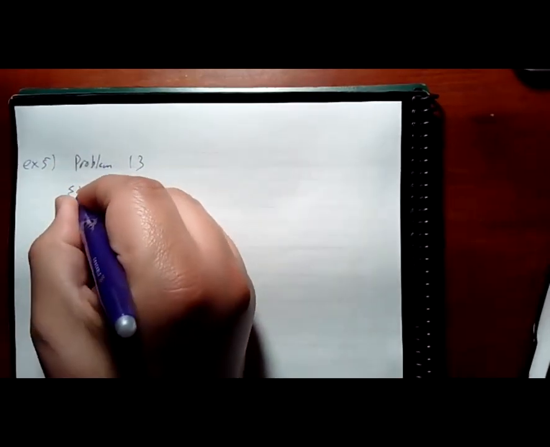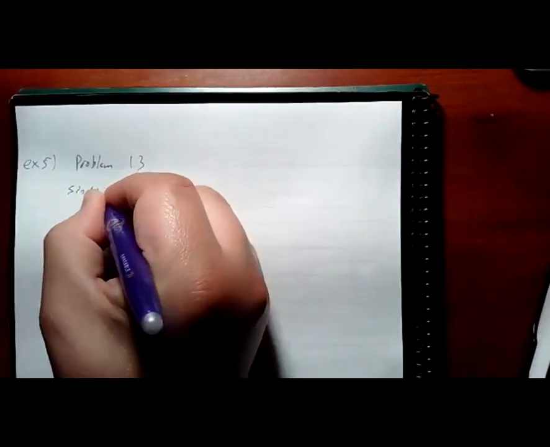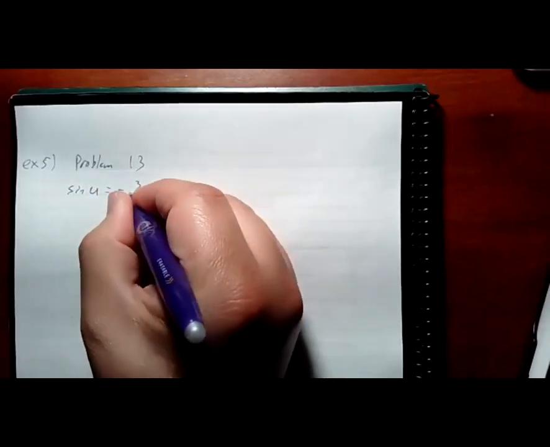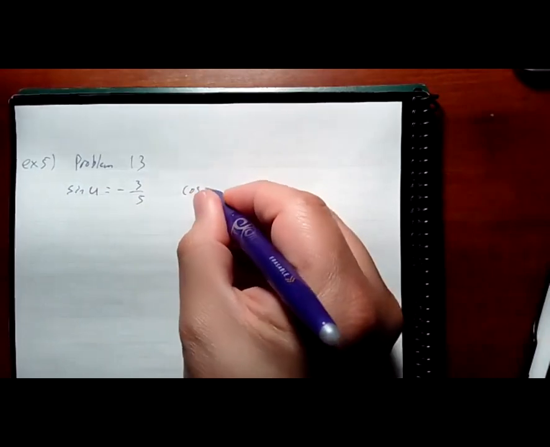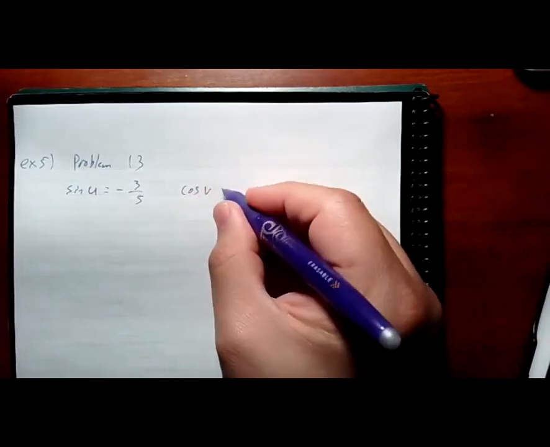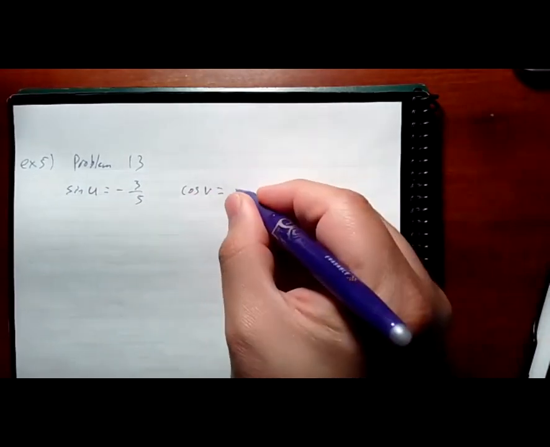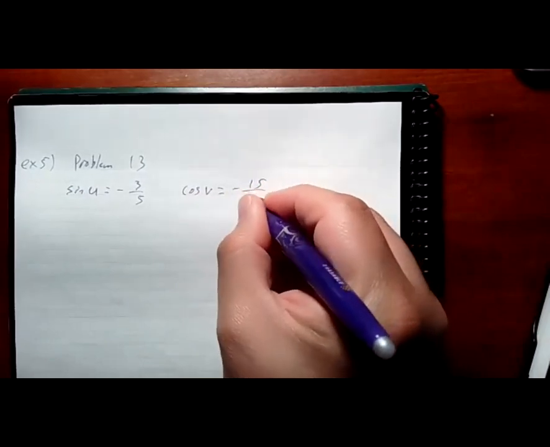So this is a little more difficult. They're going to give you two pieces: sine u equal to negative 3/5 and cosine v equal to negative 15 over 17.